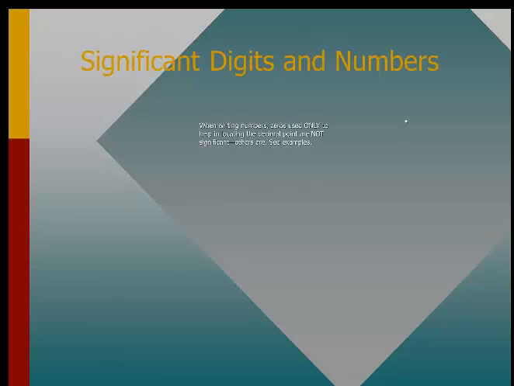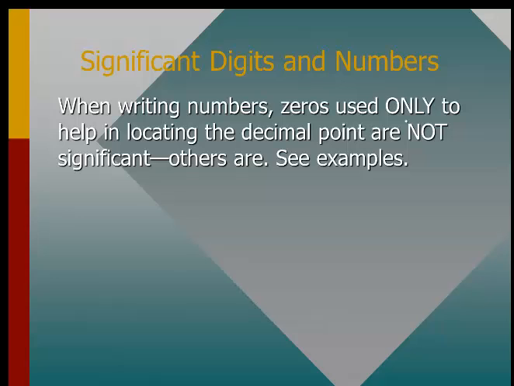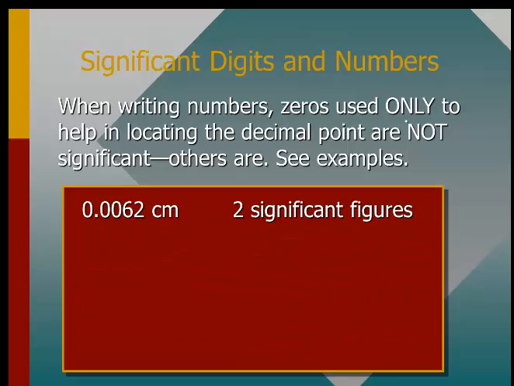Another topic to consider when making measurements of physical quantities is significant digits. So let's look at some examples here. Remember that some digits are considered significant, some are not. In the case of a decimal, the zeros before the non-zero numbers start are not considered significant, so we only consider the 6 and the 2 significant.